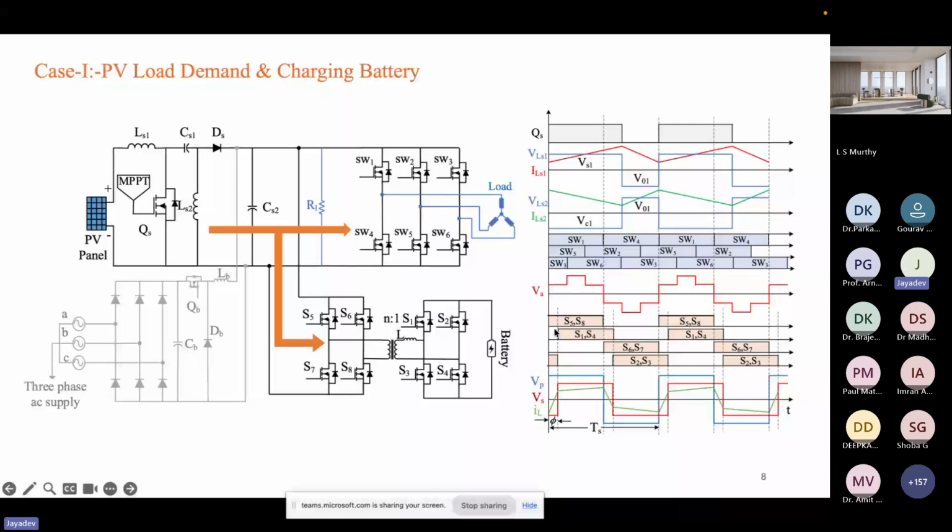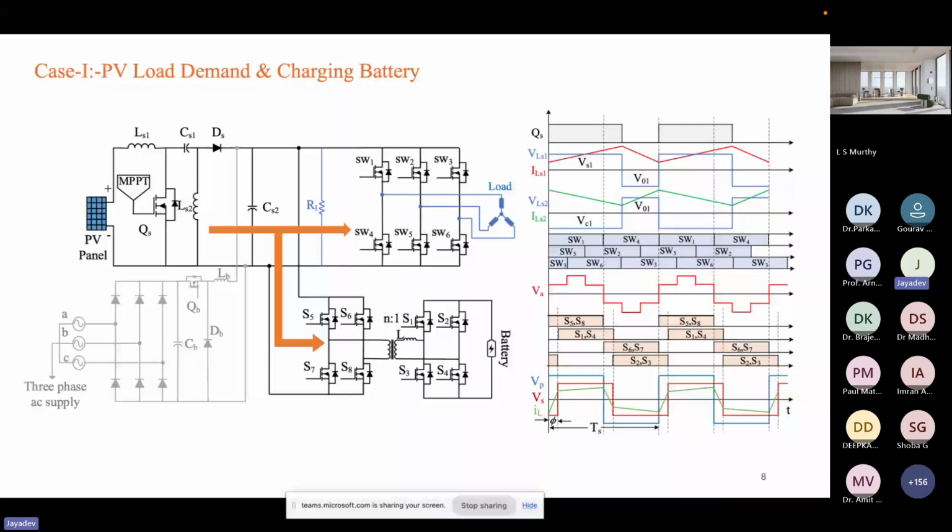For charging the battery, the primary side should lead the secondary side voltage. You can see S5 and S8 are leading compared to S1 and S4. We'll discuss this switching sequence in the DAB converter, and how the leading and lagging will vary according to the power supply.